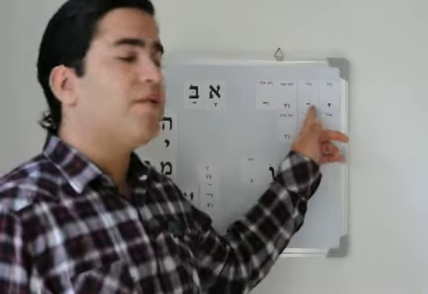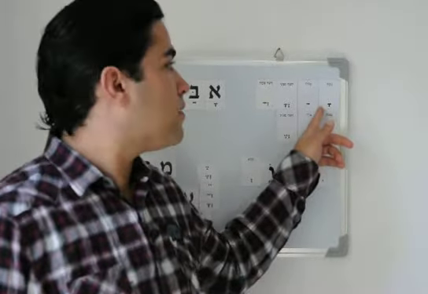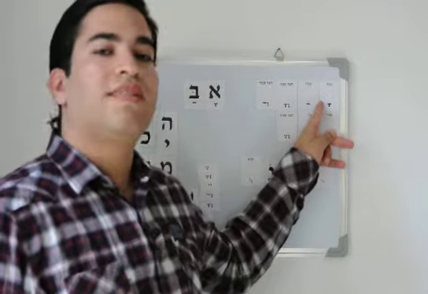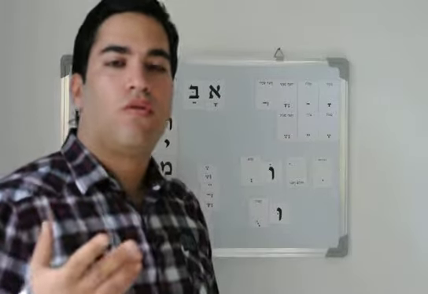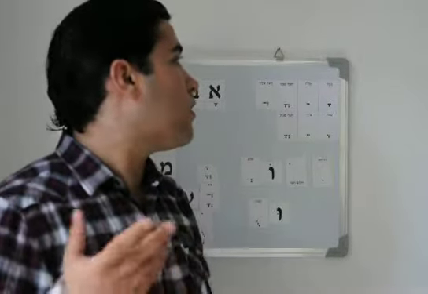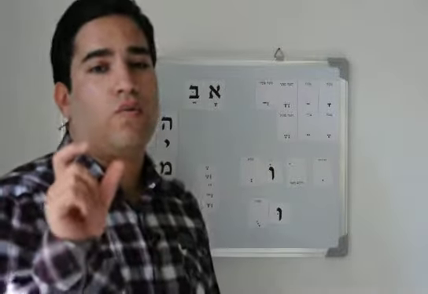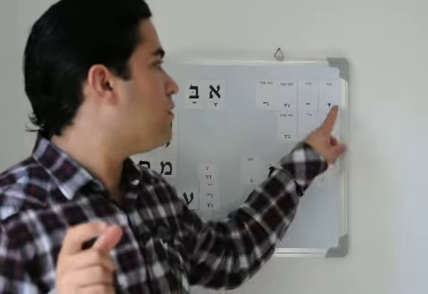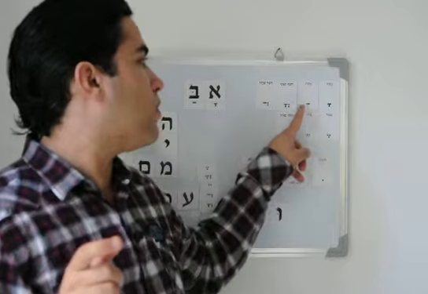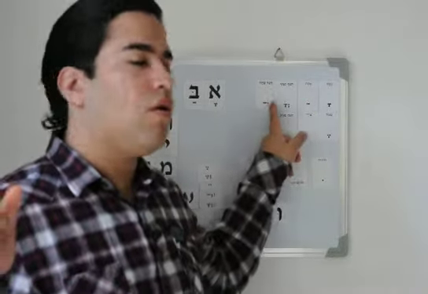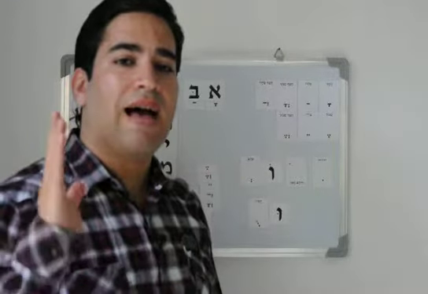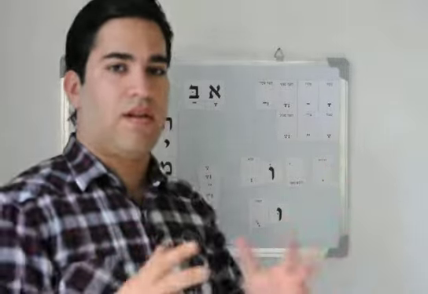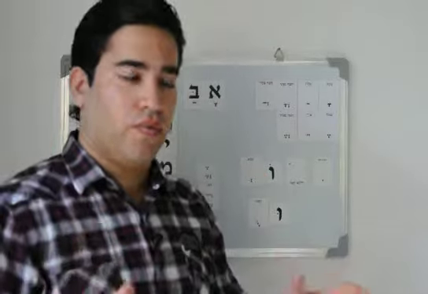The first one sounds A. And we have four ways to show it. When we see this Nikud, and this one, and this one, all of these four sound the same, A. And that's why I collect everything into one group.